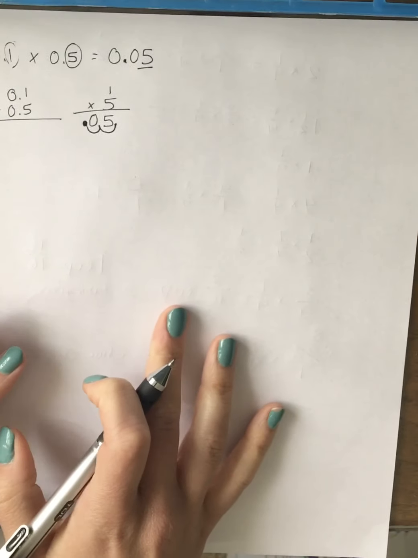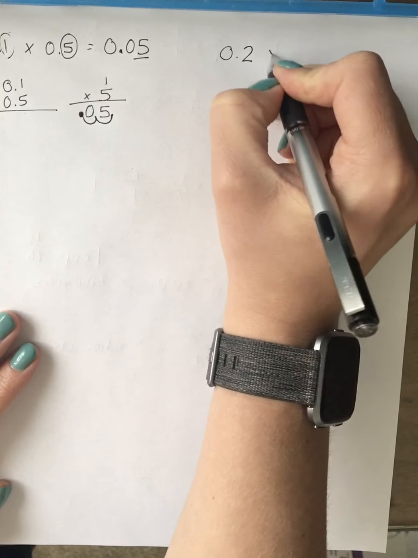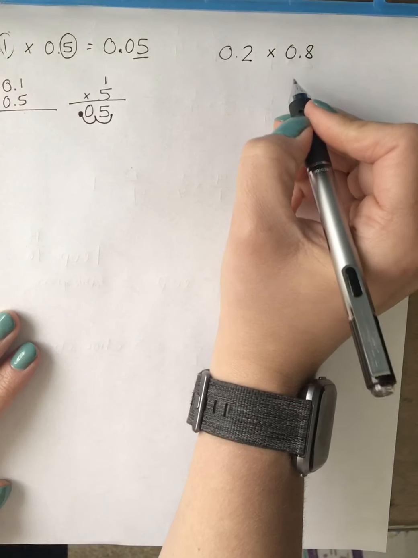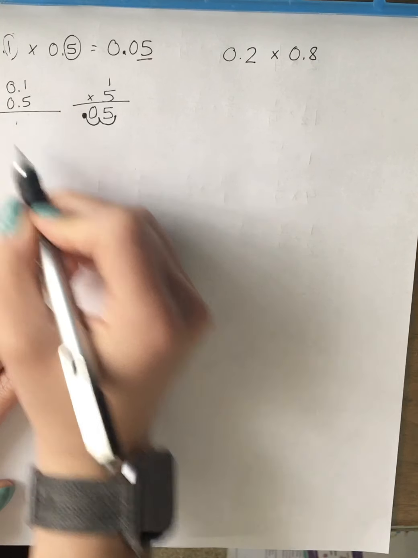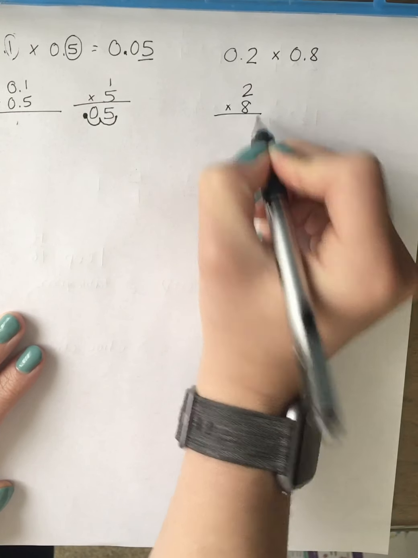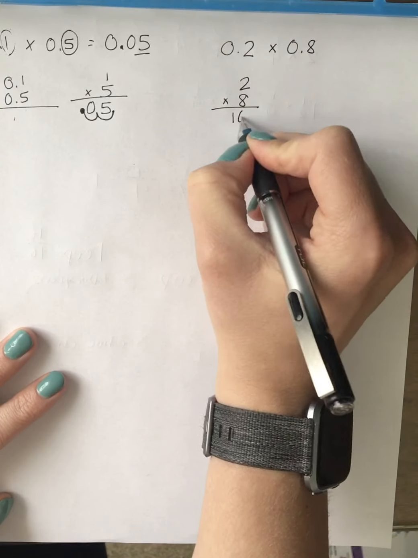So to do another example of multiplying tenths together, I'm going to multiply 2/10 times 8/10. Now, I'm going to skip this step that I have right here. We know we can stack them and then take out the decimal points. So I'm going to go ahead and start just by taking out the decimal points. And we have 2 times 8. What I'm going to do is multiply 2 times 8 and I get 16.